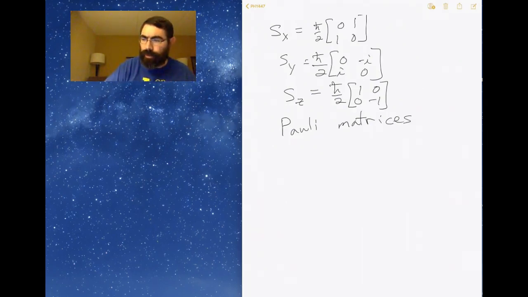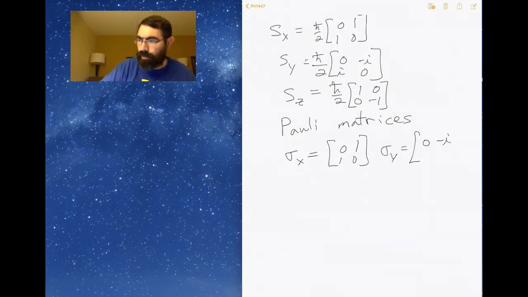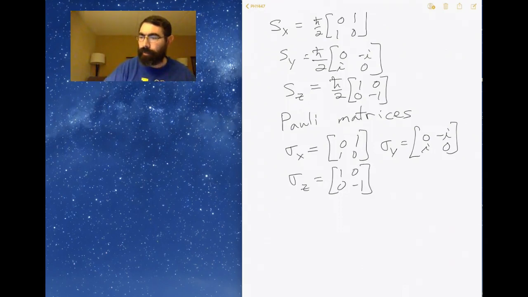The Pauli spin matrices: sigma x is just this matrix, sigma y is this matrix, and sigma z is this matrix. And therefore we can write in a more compact form that S is h bar over 2 times the Pauli spin matrix.